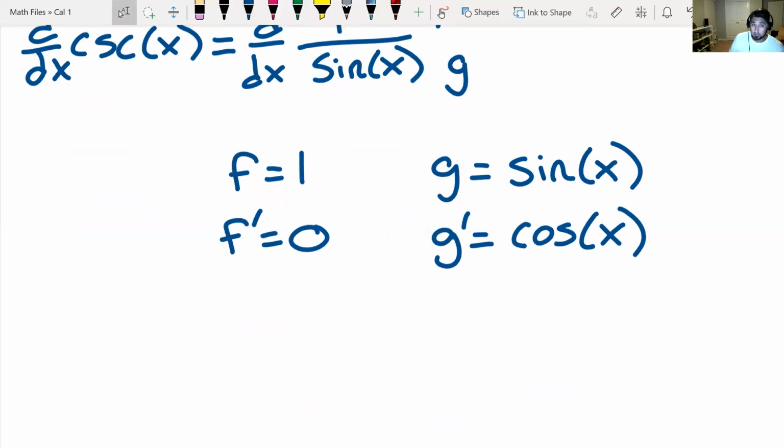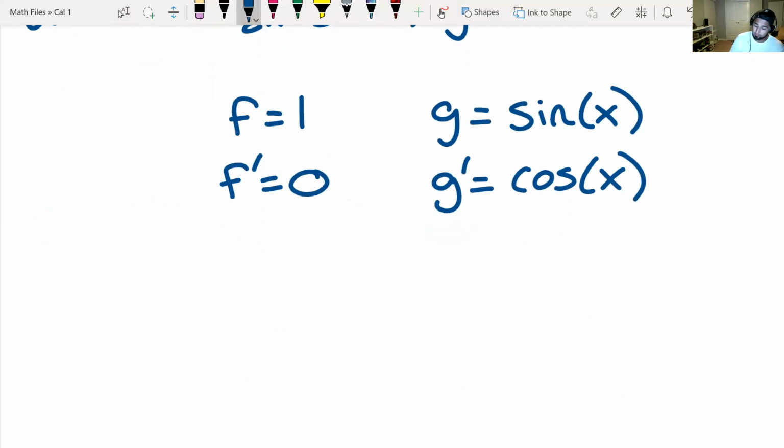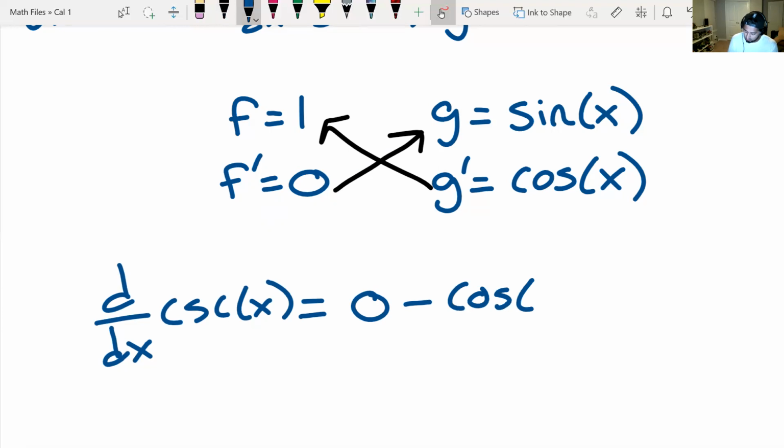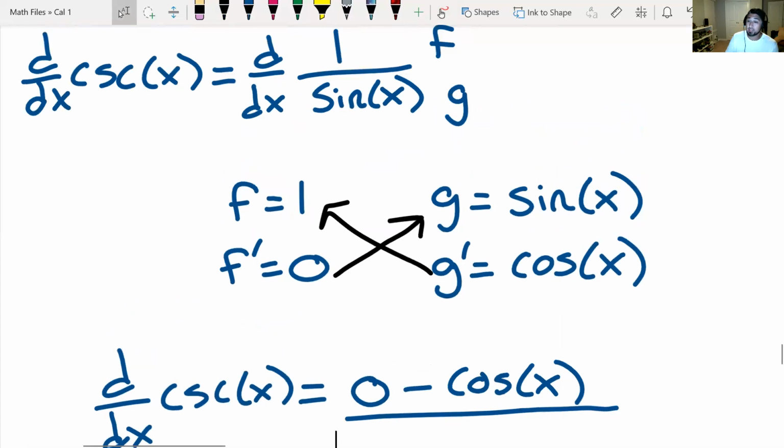And now, since we are proving this, we are going to say d over dx of cosecant x is, follow your quotient rule formula now, f prime times g, 0 times sine is 0, minus g prime times f, cosine times 1, cosine. Over the original denominator of sine squared.